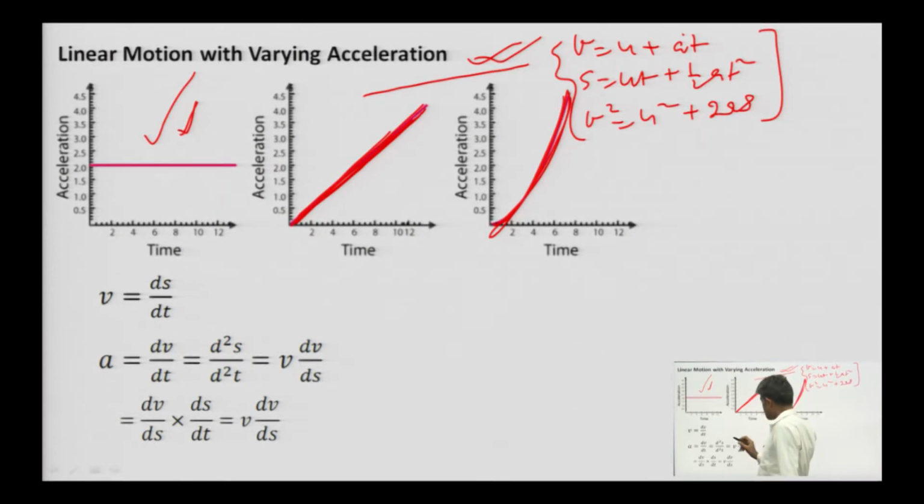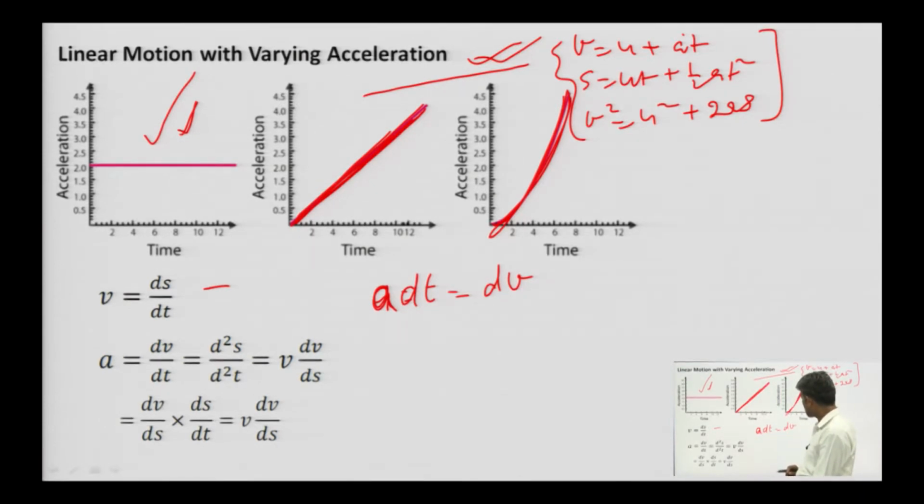Here a is equal to dv by dt. So then we have dv equal to a into dt. Since a is varying, we cannot integrate it directly.